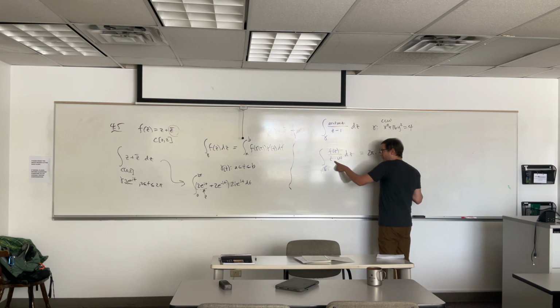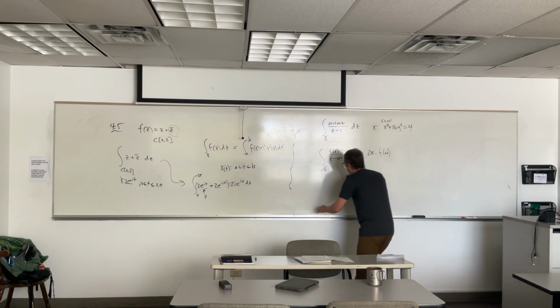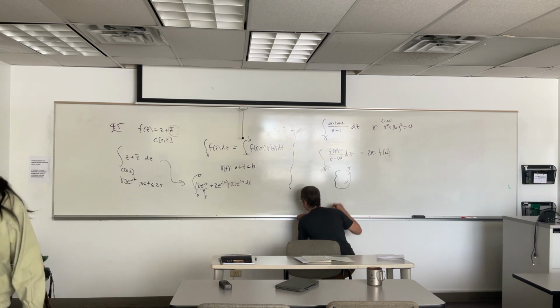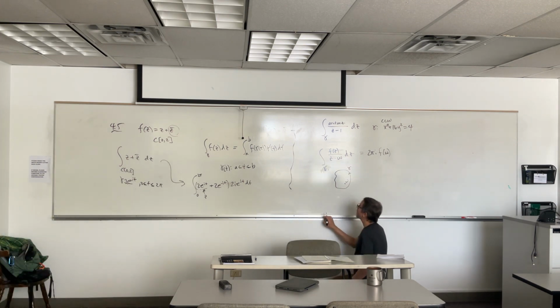This curve gamma has w on the inside. The basic setup here is that gamma is a counterclockwise oriented curve and w is inside. The thing on top is holomorphic, is differentiable in a region around gamma. So there are no holes, that thing doesn't blow up, it doesn't have division by 0, nothing like that.